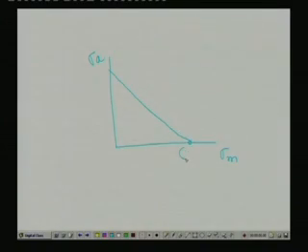So, in this case you can understand the coordinate of this particular point should be sigma y, 0, because the Soderberg line is actually guarding against the yield criteria, and this we understand as 0 comma endurance limit for the machine element.